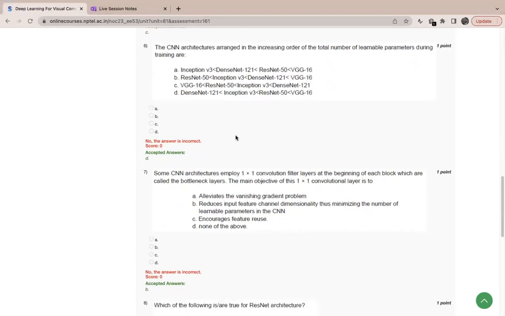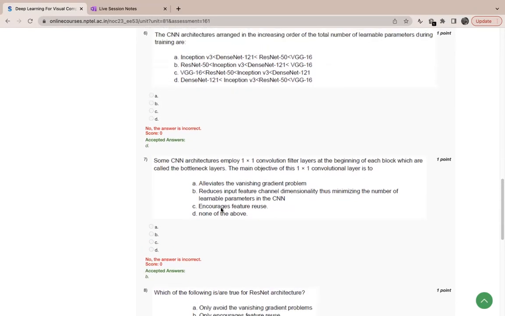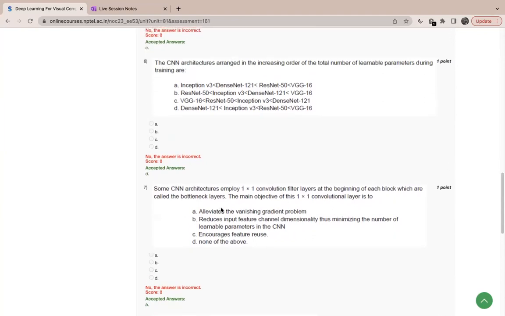The CNN architectures arranged in increasing order of total number of learnable parameters during training are: basically, the learnable parameters increase with the year they were developed, because every year they try to make the model bigger.